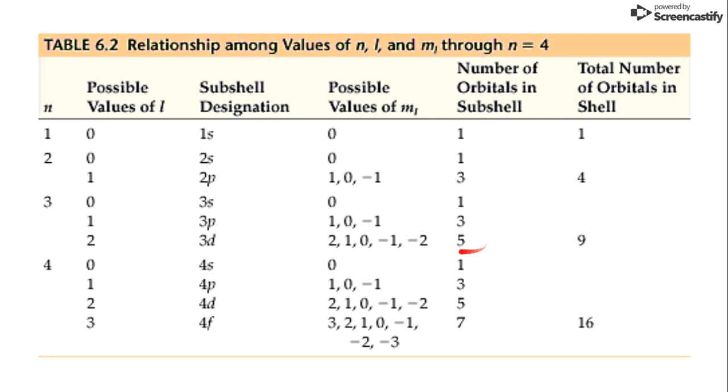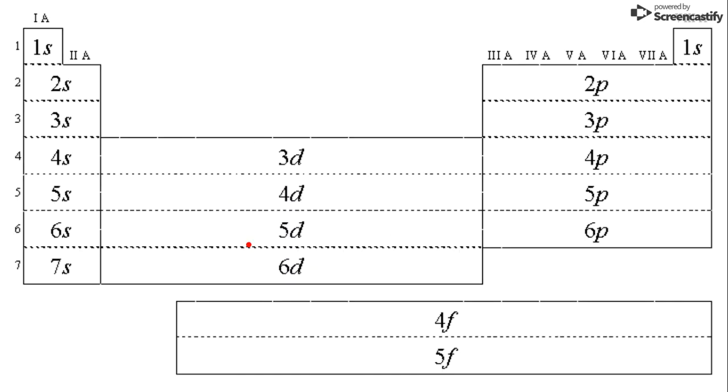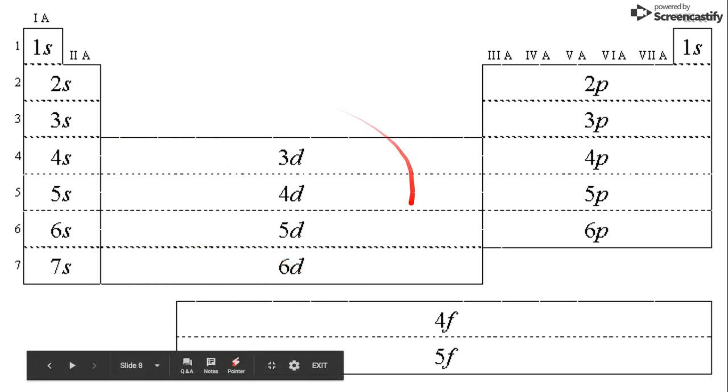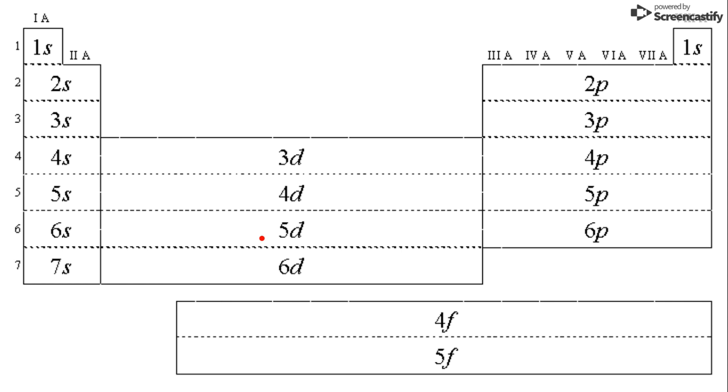Just looking here, you can see there are 5 d orbitals, and if you count, which is not counted here, there are 10 columns. So this is pretty awesome. The periodic table is helping us put all of this together in terms of where things are.